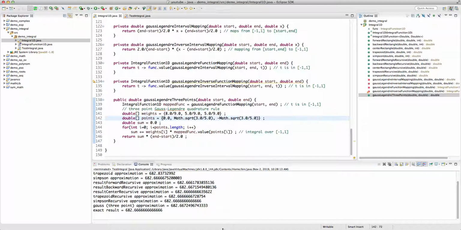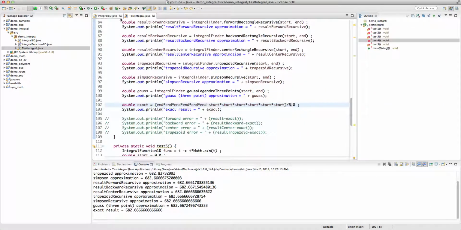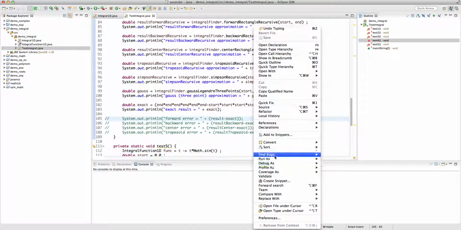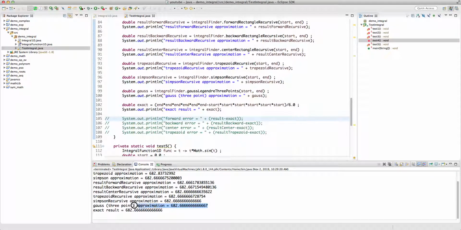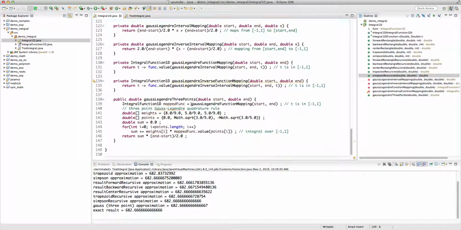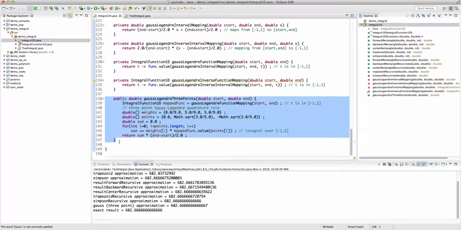Okay, now I'm using the exact values for the quadrature points, and let's try it again. Yes, now it gives us the exact result, 682.66666. Okay, so this is a 3-point quadrature, so we can increase it to, for example, 5-point.